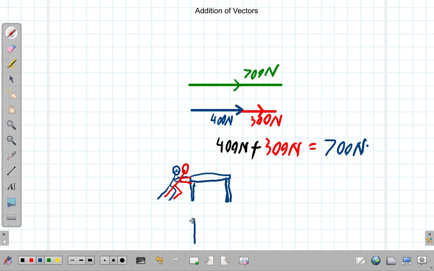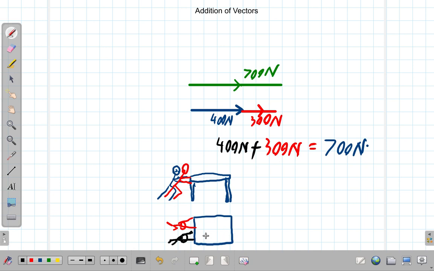If somebody was looking from the top of a stair, say they were upstairs looking, they would see your friend, all right, pushing the table, and they would also see you making your efforts pushing the table.